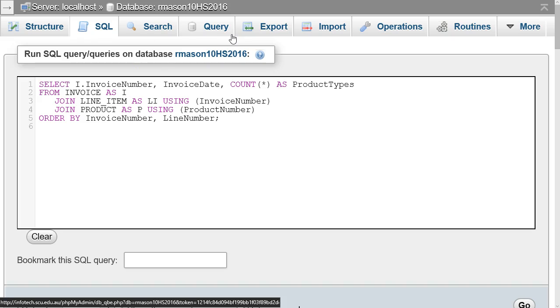And then we'll leave the join the same way, because we're still using those 3 tables.